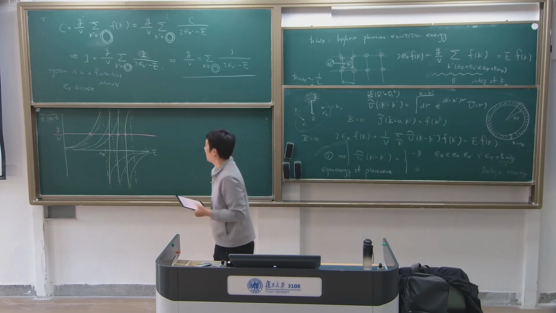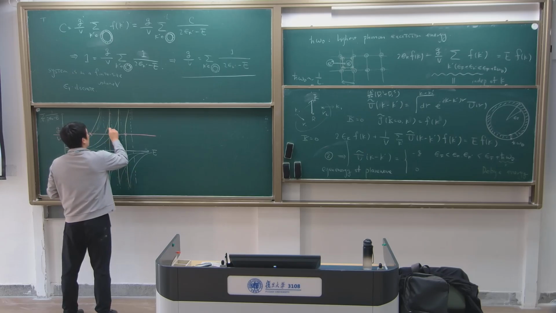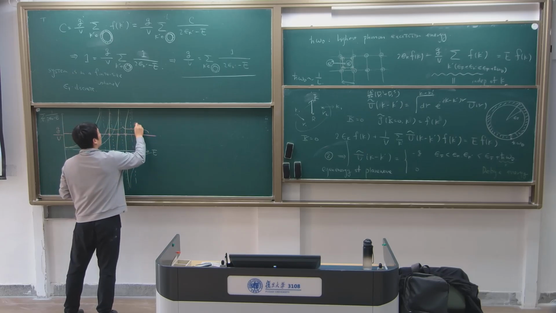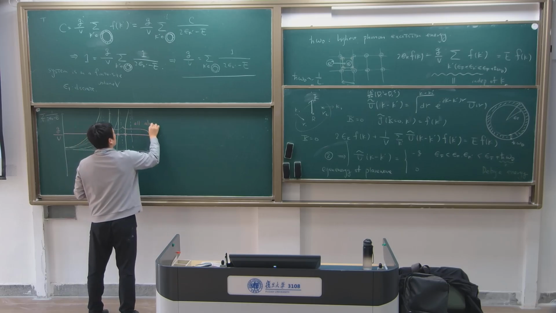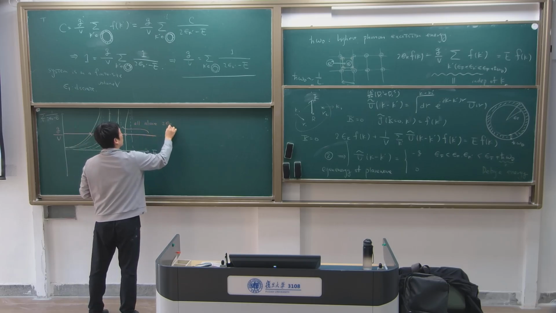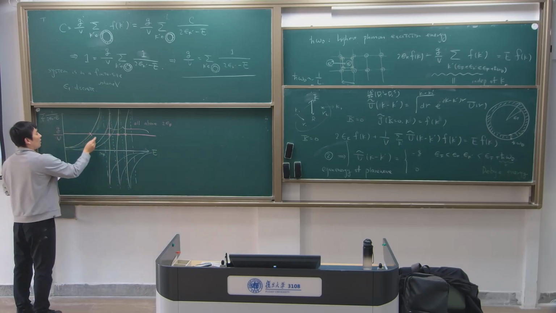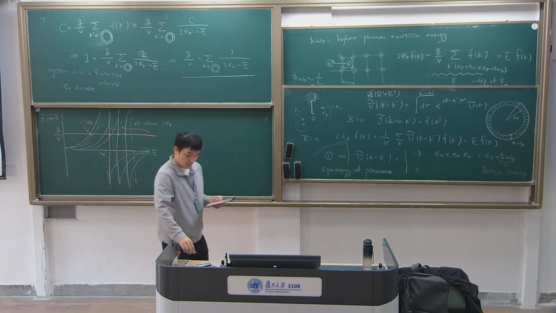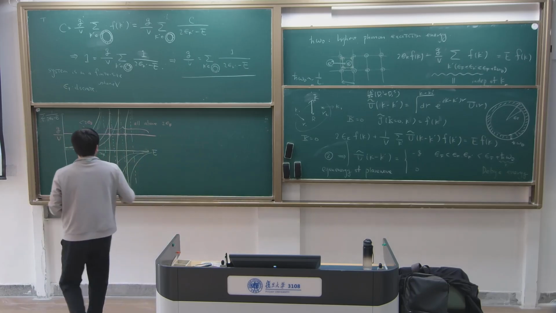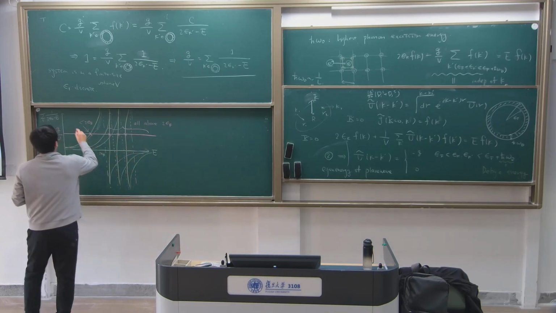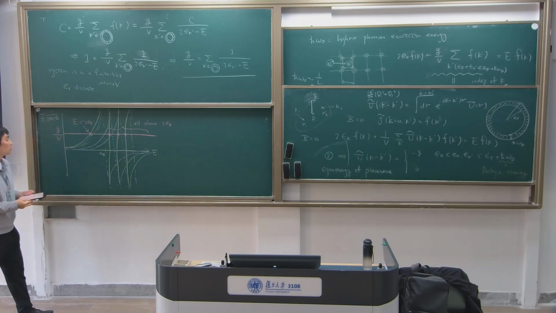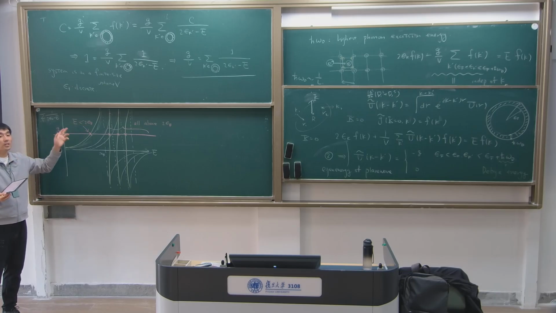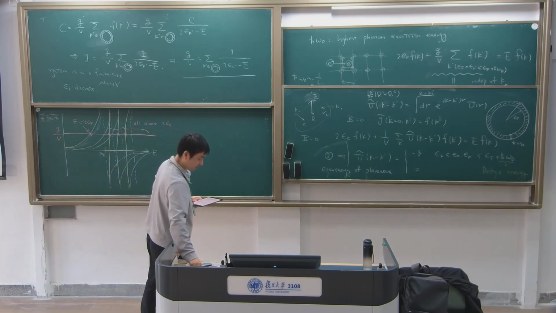And the important thing is that these points are all above 2 epsilon. However, this one here is less than 2 epsilon. So this capital E is less than 2 epsilon F. So this means that there's the energy.